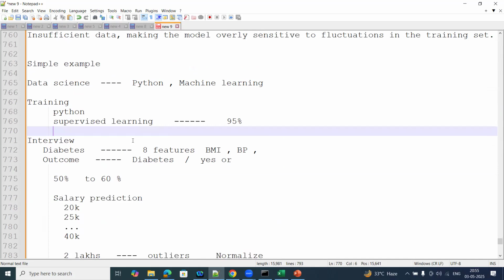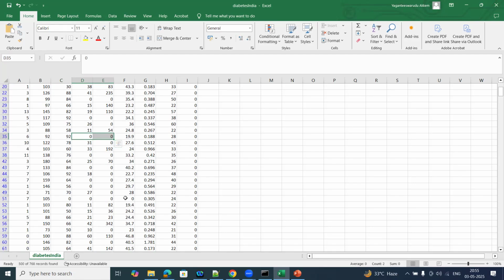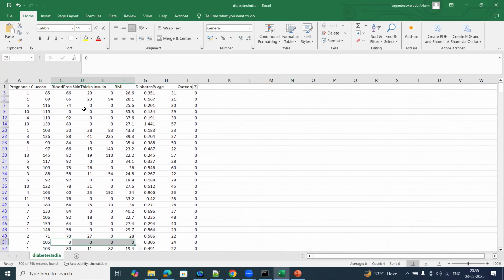Similarly, for example, if you take the diabetes data set, sometimes blood pressure is 0 and skin thickness is 0, and somewhere body mass index is 0. These kinds of records are called outliers, because a living human being without glucose or blood pressure or body mass index would be a dead person, or the doctor may have forgotten to enter these values.